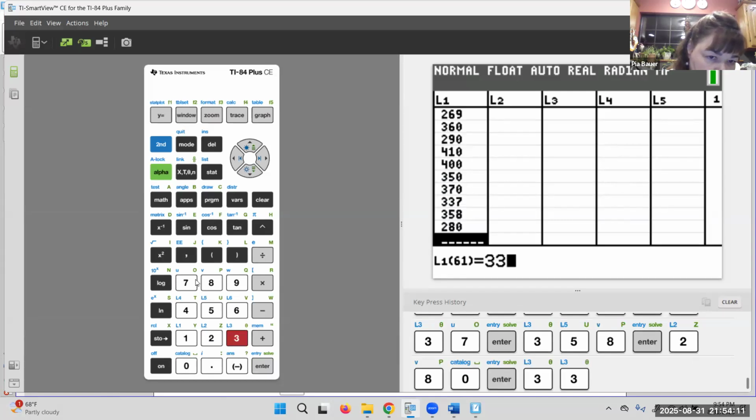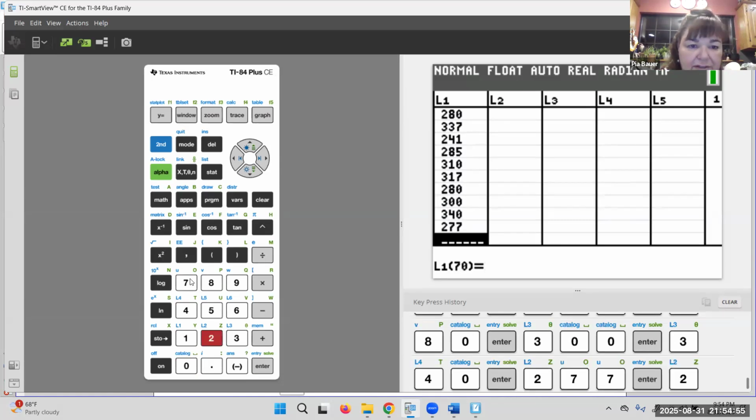Next one, 337, 241, 285, 310, almost there, 317, 280, 300, 340, 277, and 270.